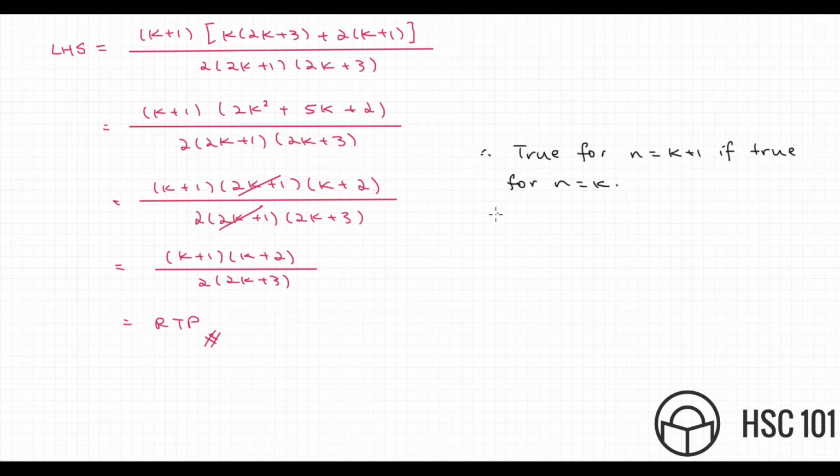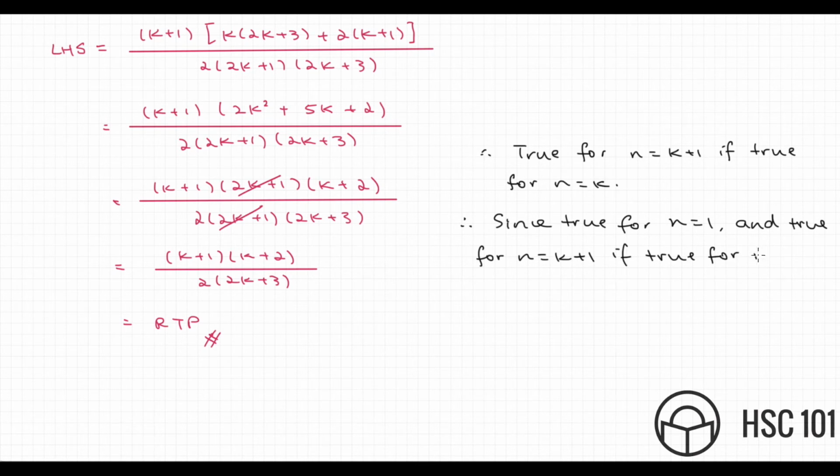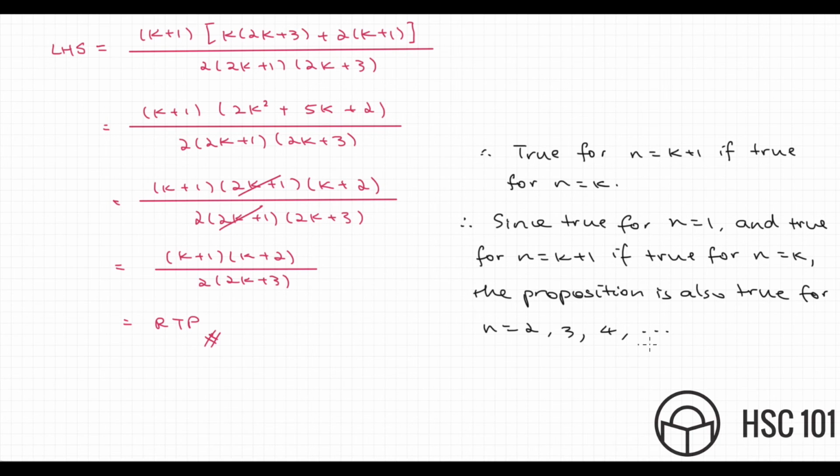And from here we can now conclude, so therefore, since it is true for n equals 1, and true for n equals k plus 1 if true for n equals k, the proposition is also true for n equals 2, n equals 3, n equals 4, dot dot dot, and just keeps rolling itself forward, and all other positive integer values of n.